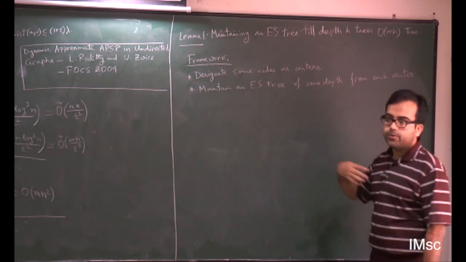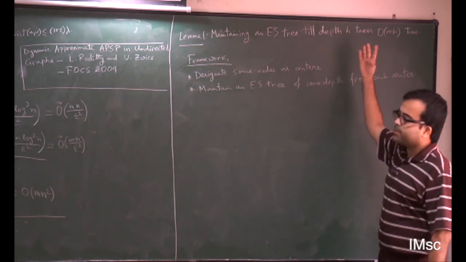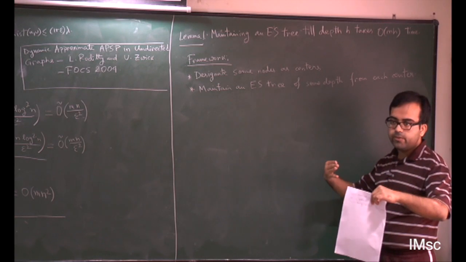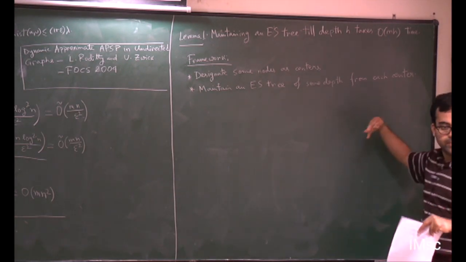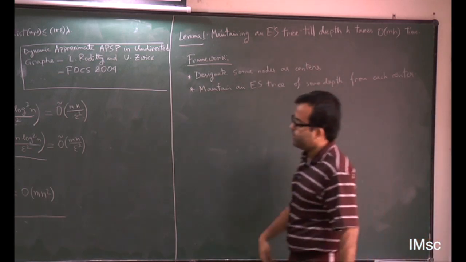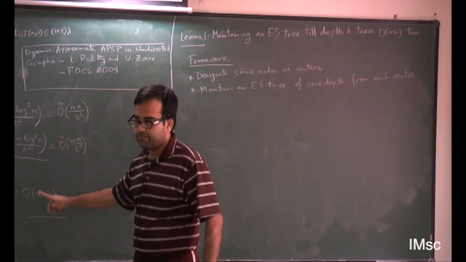So, the naive approach would be every node is a center, and from every node you are maintaining an eventual tree of depth n. That is the naive approach, and that will give you a running time of mn square.